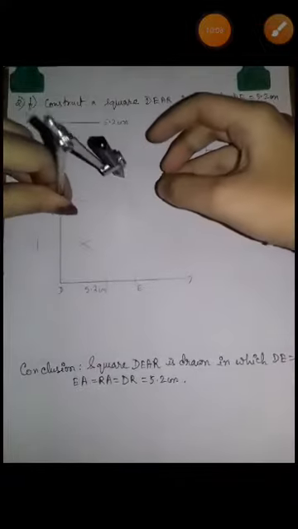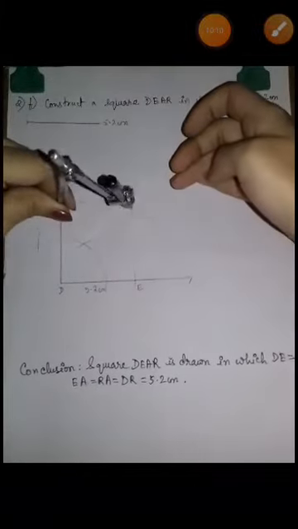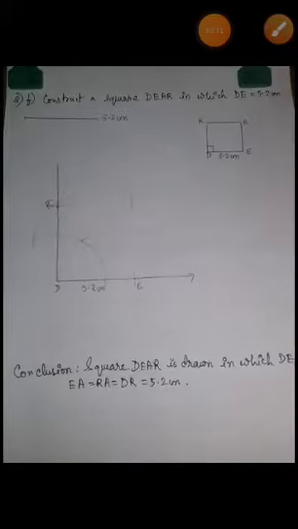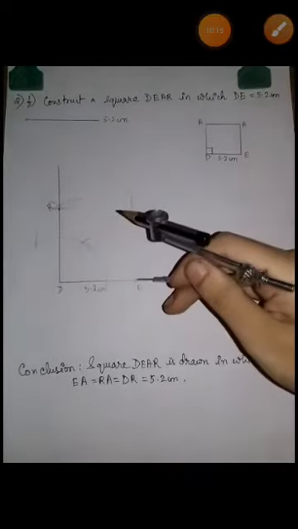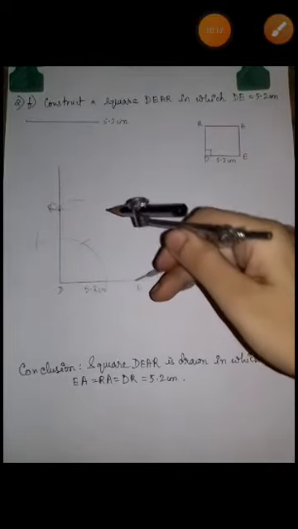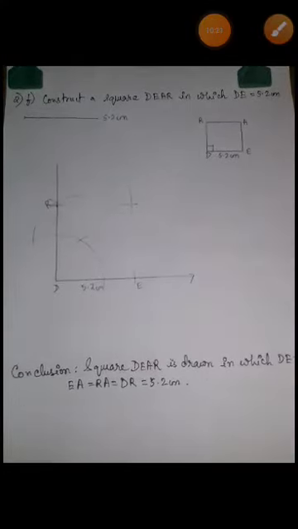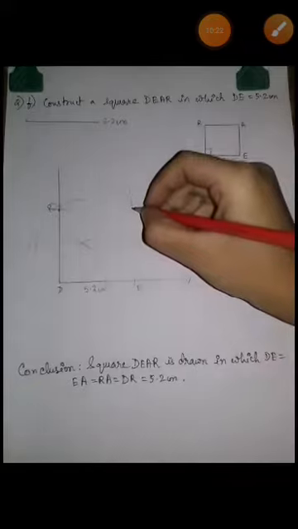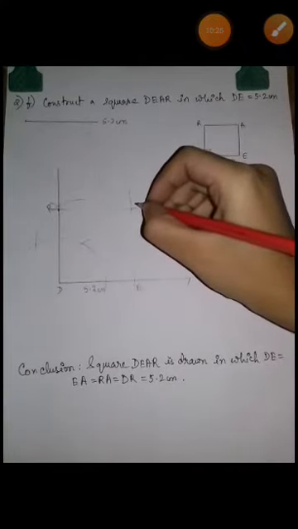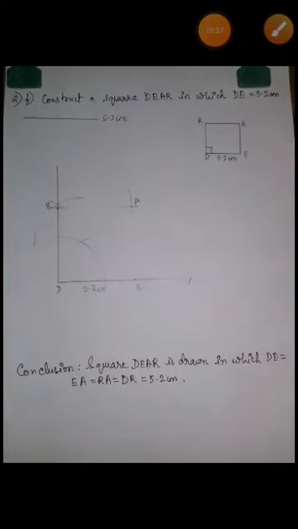Now place at E and cut an arc of the same length, same 5.2 centimeter. Now you have obtained another vertex, that is vertex A. Now you join all the vertices.